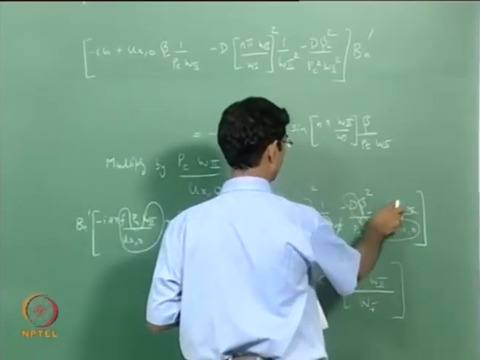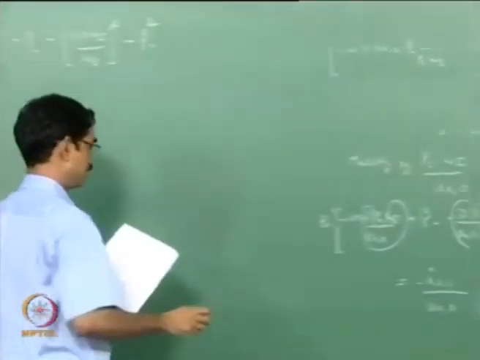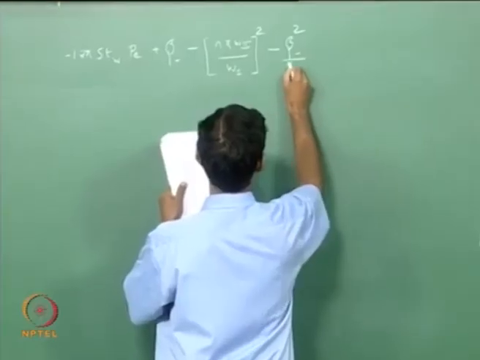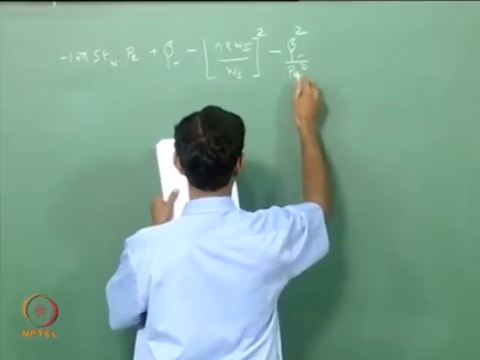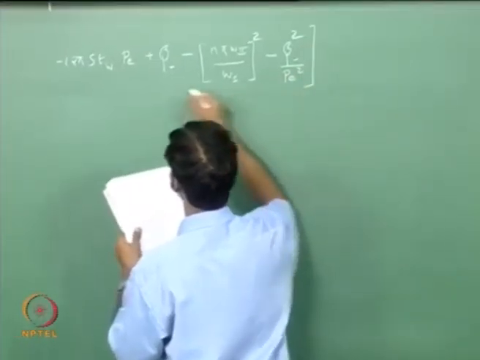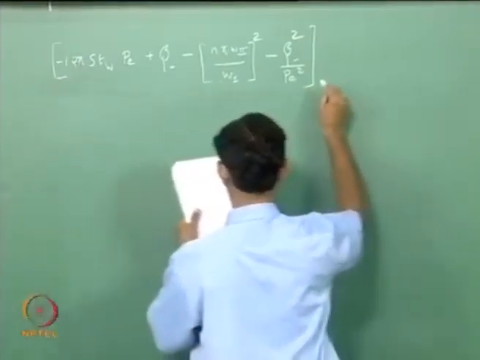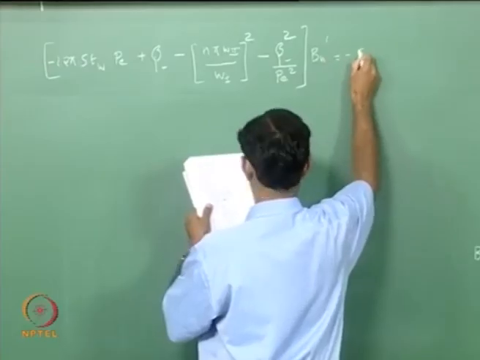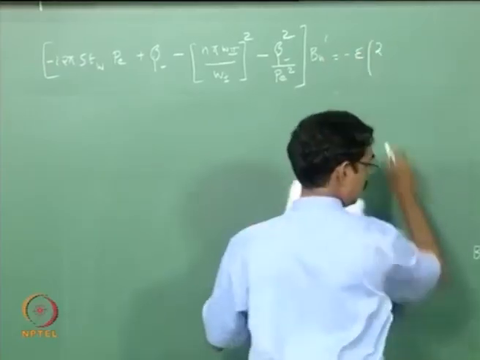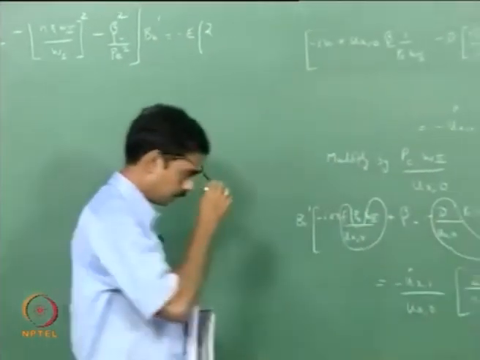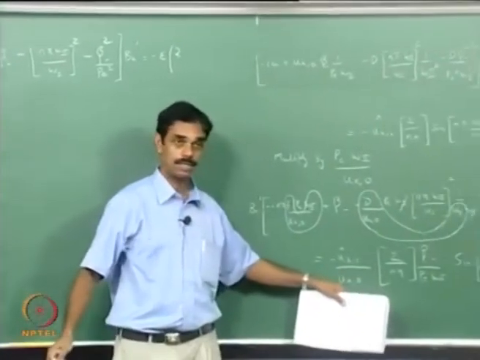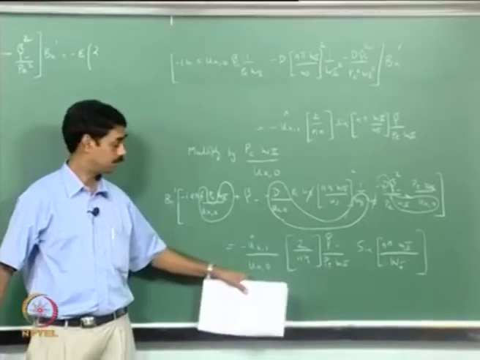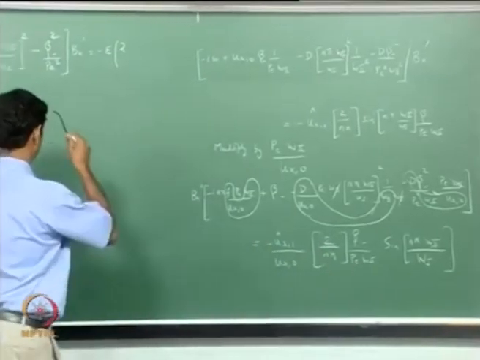So Peclet number cancels with Peclet number, there is a 1 over Pe squared left. Ux1 over Ux0, we call that epsilon. That is the ratio of the amplitude of the fluctuating flow to the base flow or the mean flow.